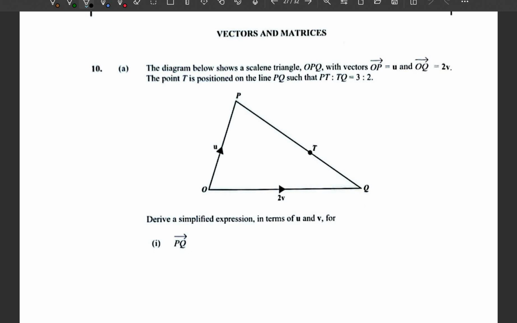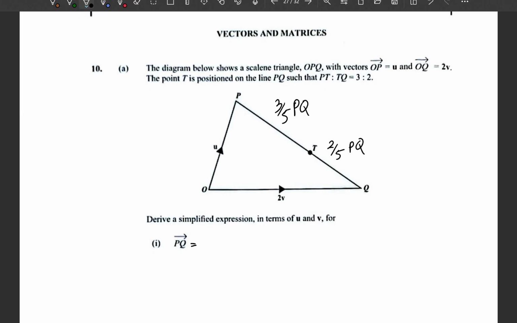They want a simplified expression in terms of U and V for P to Q. Before that, let's identify what these sections would be. PT is 3, QT is 2. So PT would be 3 out of 5 of PQ, and QT would be 2 out of 5 of PQ.